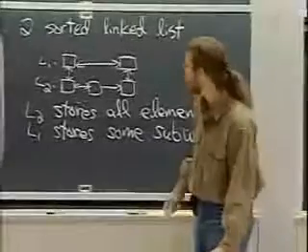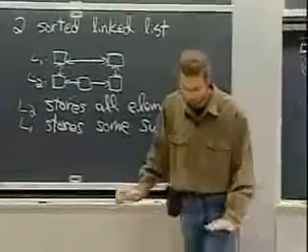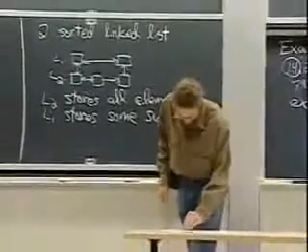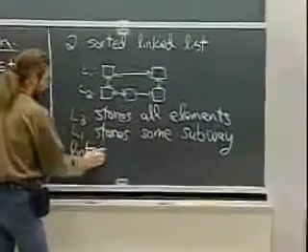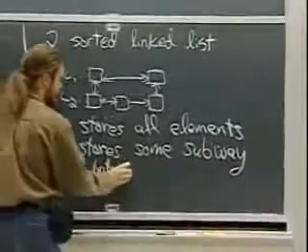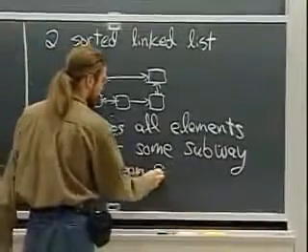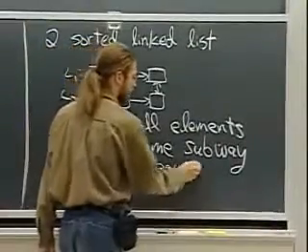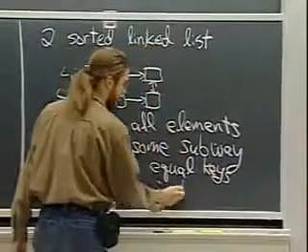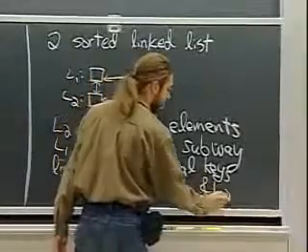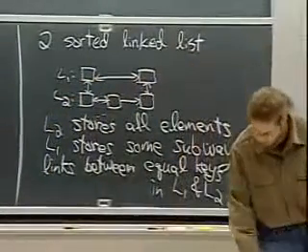That's the idea. Of course, we're also going to use more than two lists, but okay. We also have links, let's say links between equal keys in L1 and L2. Good.